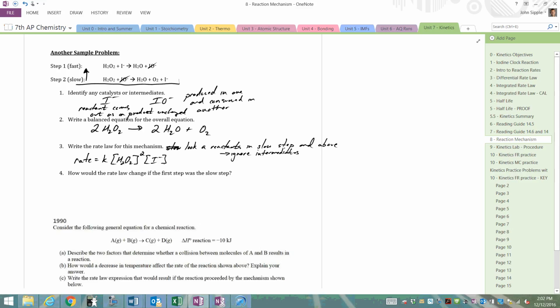All right. So what if the first step was the slow step? When we go to write the rate law, let's say this step is the slow one. How is that going to change our rate law expression?